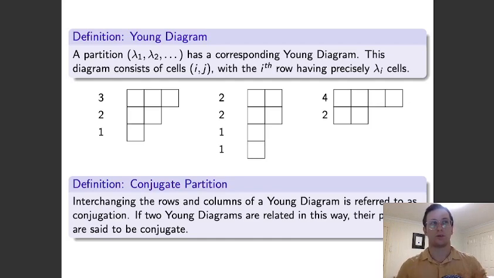Instead of thinking of it as interchanging rows and columns, I find it's easier to visualize if I just imagine a downward diagonal going through the top left cell, and I reflect over that diagonal. You can also see that the leftmost partition, 3, 2, 1, is in fact self-conjugate, because going through that downward diagonal through the top left cell and reflecting back and forth across it, I'm going to get the same shape.